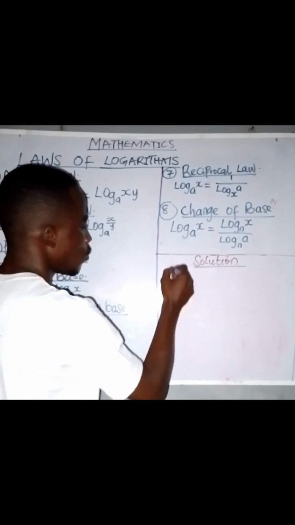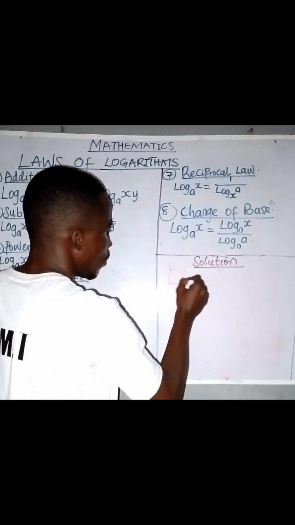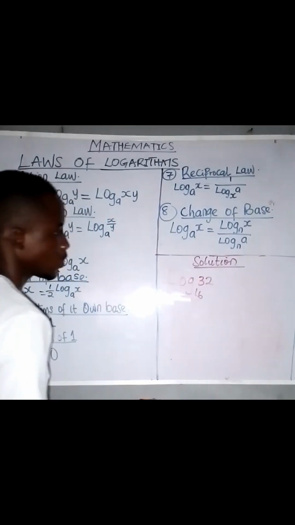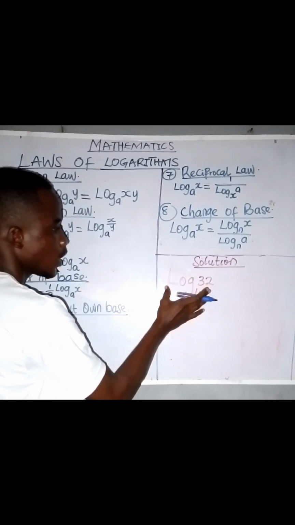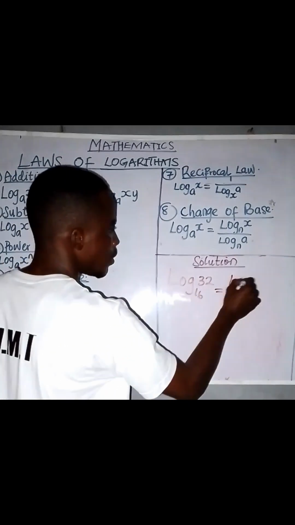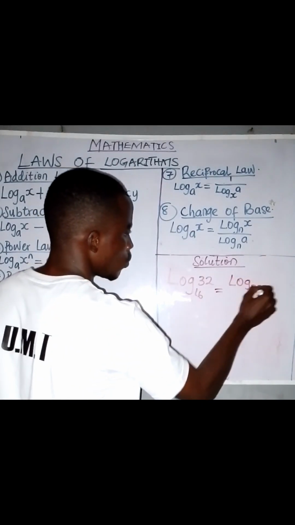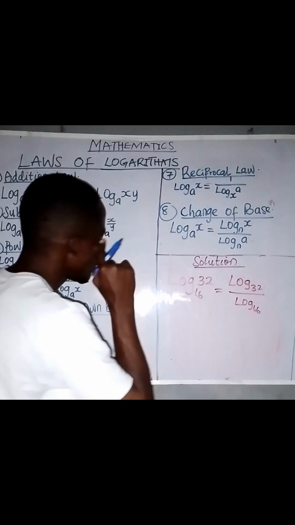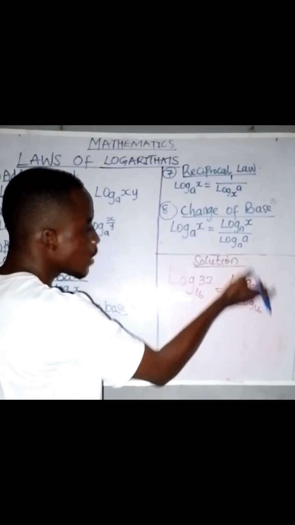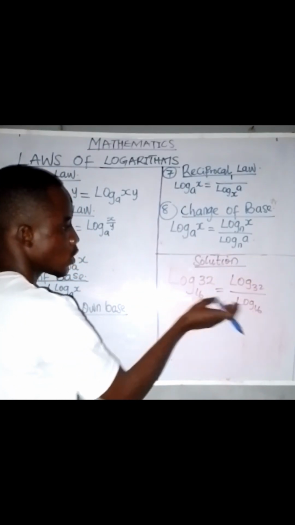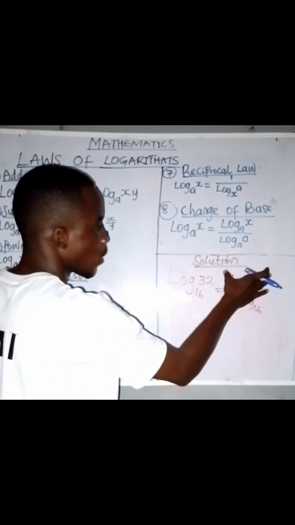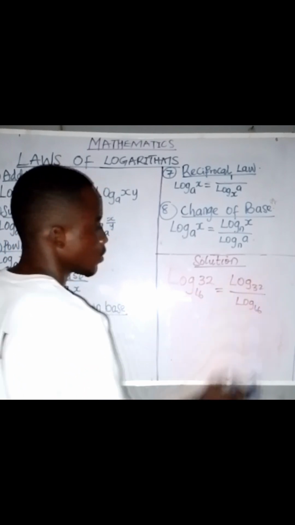Let's say for instance we have log base 16 of 32. Now this becomes log of 32 over log of 16, with different bases, because their base here was initially 16. Once I change the base, they represent themselves separately.